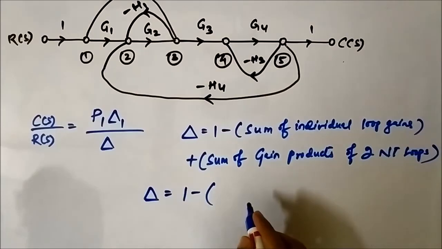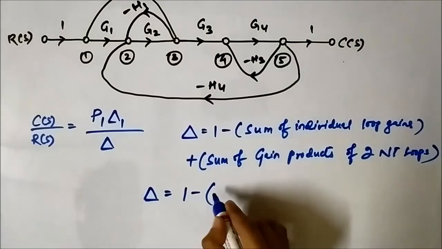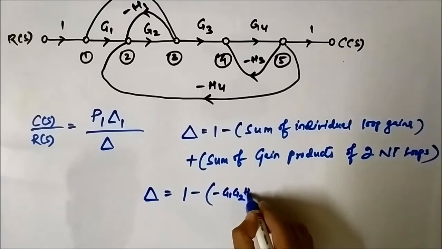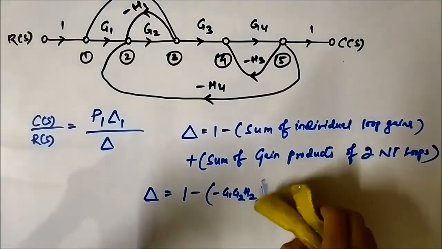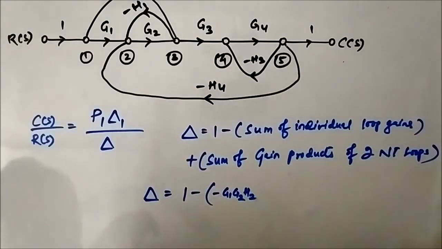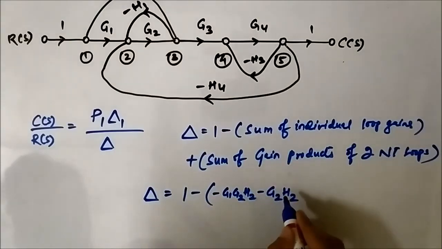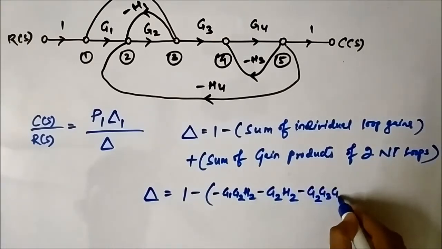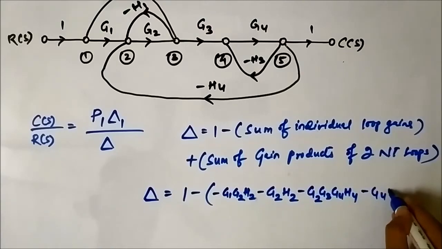I have already calculated the loop gains, so it will be 1 minus G1 G2 H2 minus G2 H2 minus G2 G3 G4 H4 minus G4 H3.